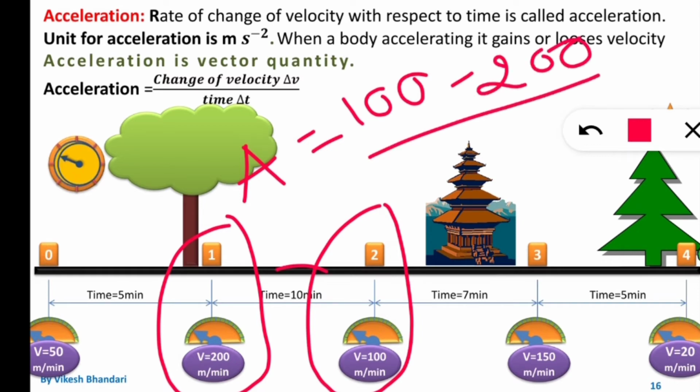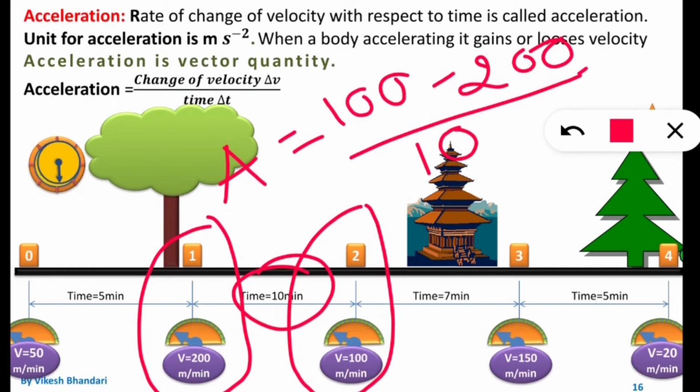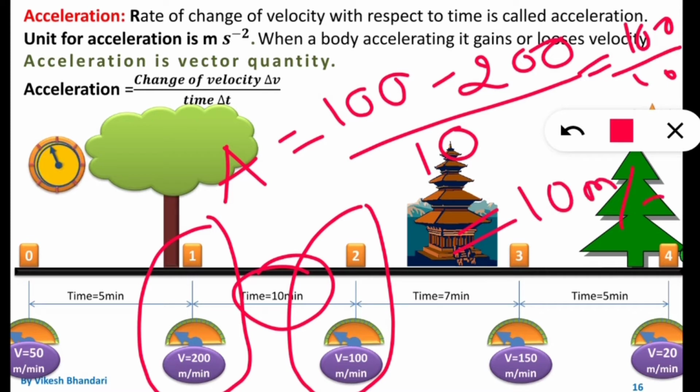The change in time is 10 minutes. So 100 divided by 10 is 10 meter per second square with the negative sign. Negative sign means here he is retarding. By this we can find the acceleration of the body.